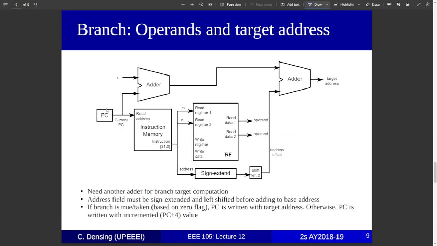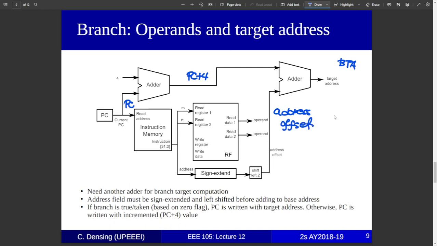So we have here, we go from PC. We had PC right here, and then it gets added to 4, so that's PC plus 4. And then we have the address offset feeding into this adder over here, and then we get BTA here. So the branch target address comes out of this.